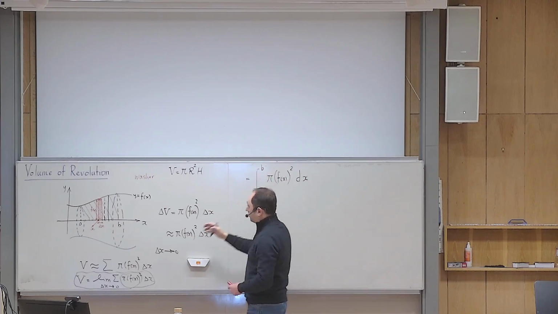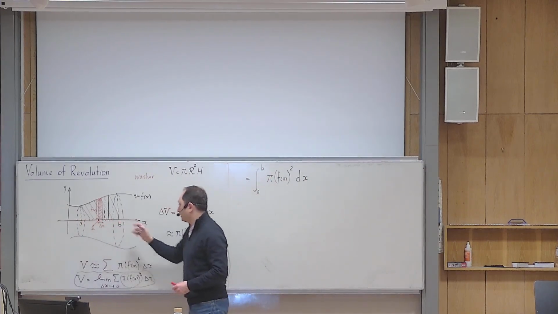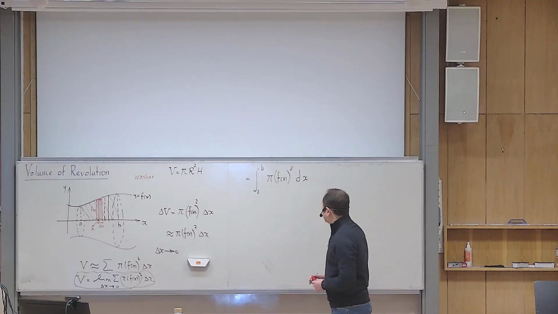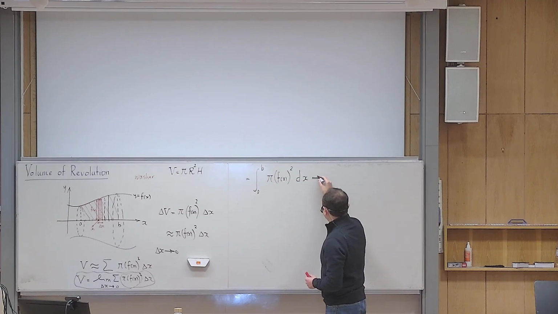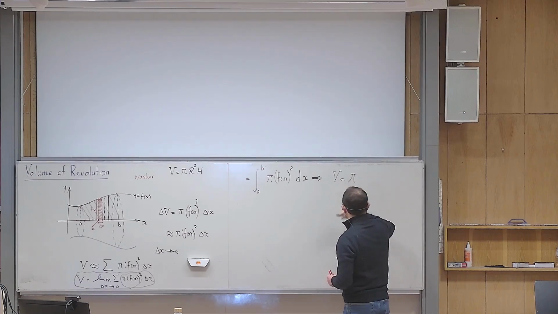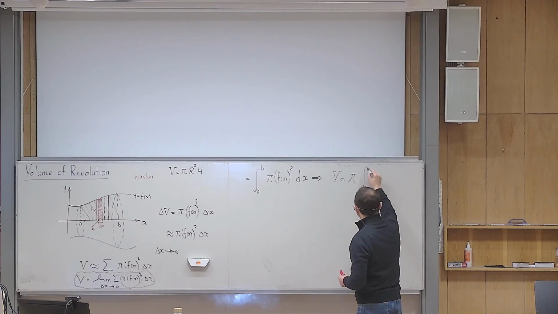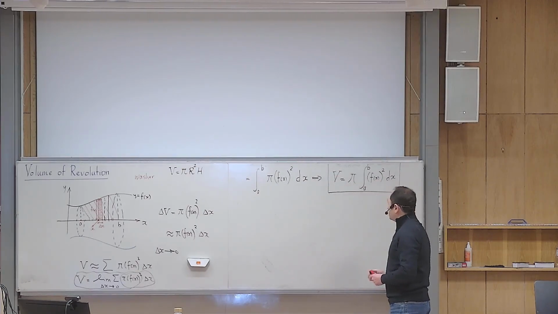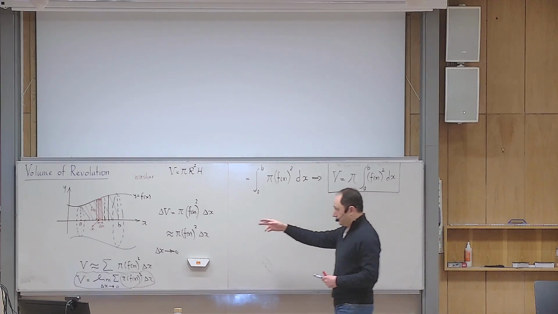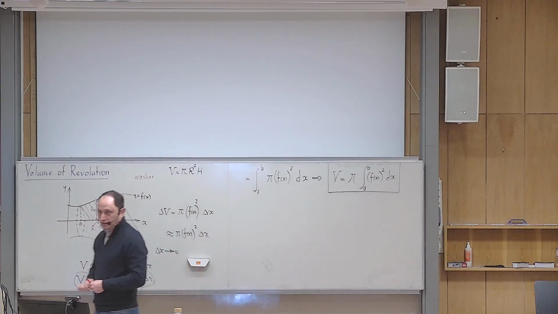A and b are the limits where I start and where I end. So this is the formula that I get, and pi is a constant, so I can pull it out. So finally, the volume that we are interested in calculating is pi integral from a to b, the function, whatever it is, to the power of 2, and then dx. Yes, so this is the formula for the volume of this shape that I have generated.